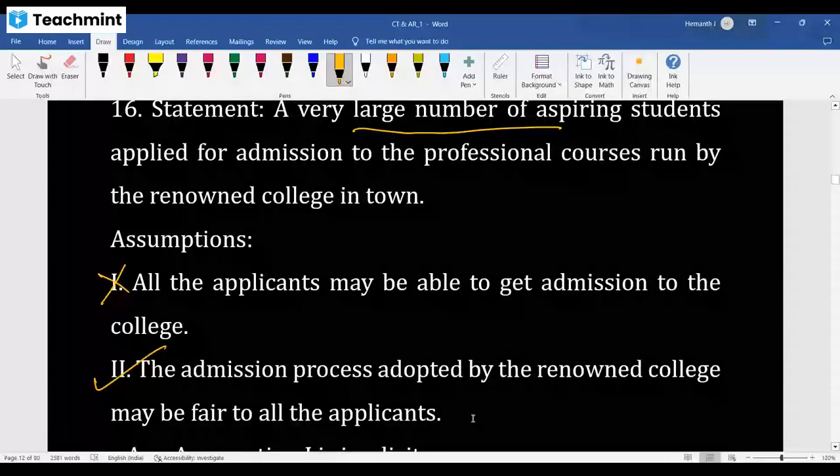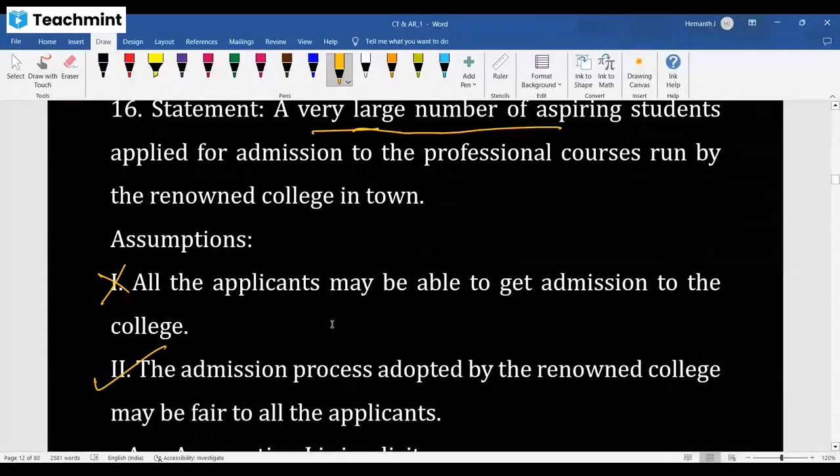A very large number of aspirants applied, and all getting admission is not possible. The college has limited seats. Even taking the positive side, this is not possible, so we should think practically. They mention all applicants may be able to get admission. Maybe fine, but still it's not possible, right? Very large number.